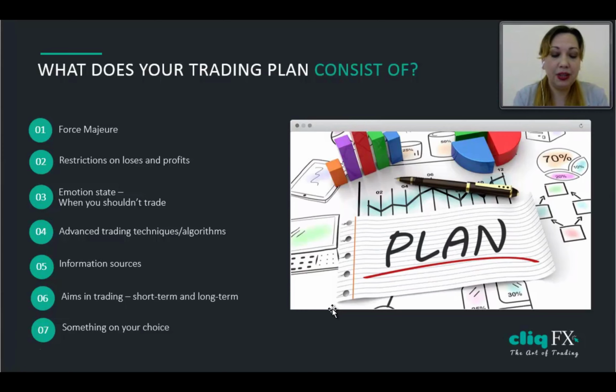Number 7, something of your choice. It's a little bit funny, but trust me, there are some traders who really do that. They create their own rules for trading. For example, closing my beloved cat in another room while analyzing the market. I think this trader doesn't want to be disturbed.